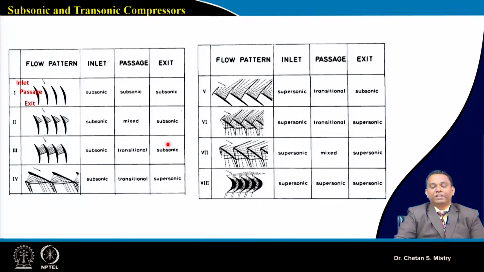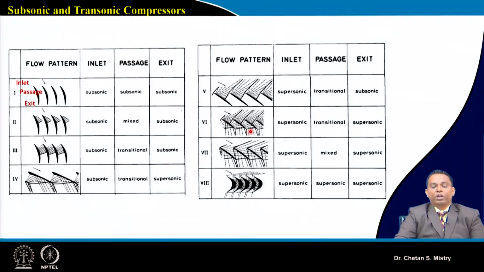What is our interest is when the entry condition is supersonic. Here you can see the entry is supersonic. Within the passage I will have transitional flow, that means from supersonic to subsonic, and the exit will be subsonic.